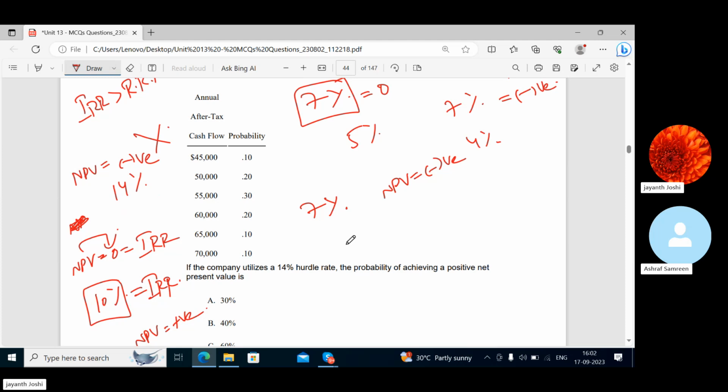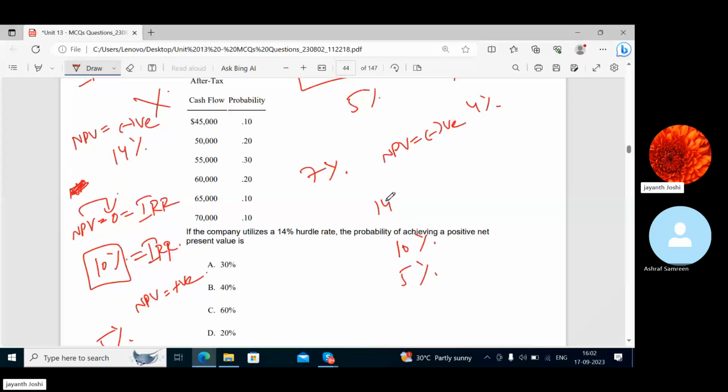So what we discussed, like 14%, 5%, and 10%: at 14% your NPV is negative, at 5% your NPV is positive, at 10% your NPV is 0. This is the IRR.